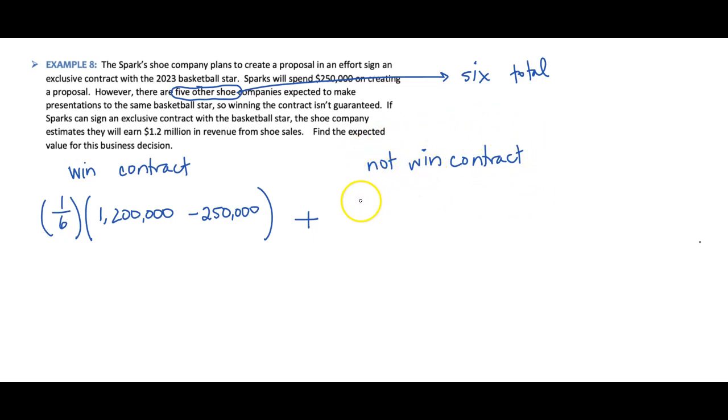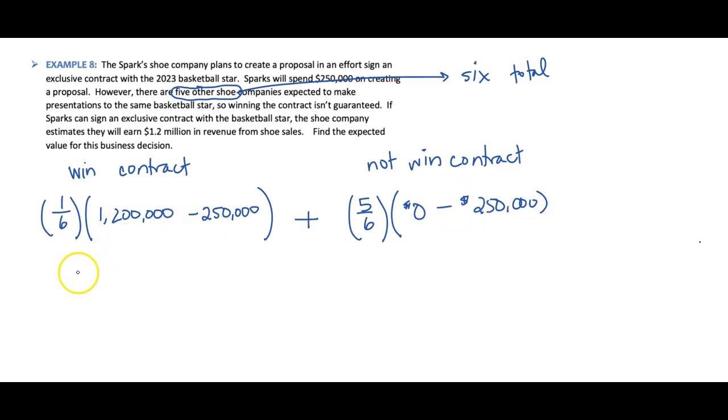To not win the contract, the other 5 out of 6 companies will not win, and in this case, they would spend $250,000 but not make anything on shoe sales, which ends up being negative.